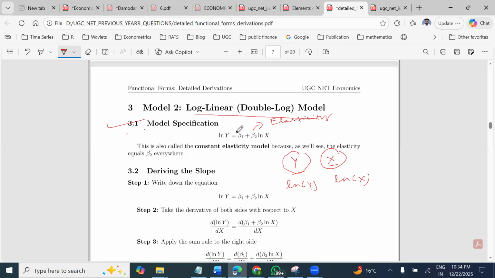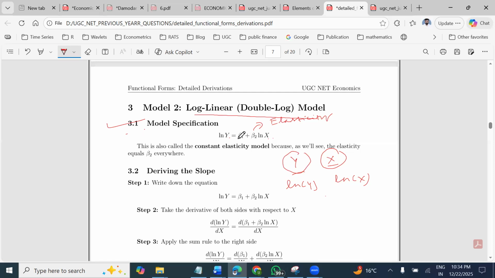Are you getting? Moreover, we will be tension free about the change in units of x and the change in units of y if we have converted them into ln, because the percentage change interpretation will come into the picture.